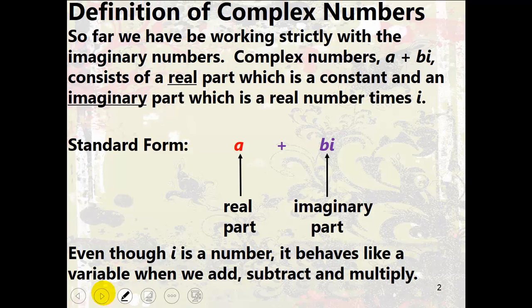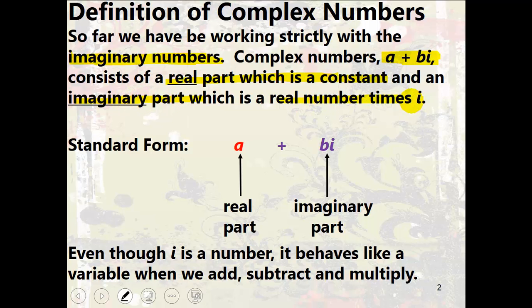So the definition of a complex number. In our lesson yesterday, we talked strictly about imaginary numbers, where i comes from. Today we're going to talk about a complex number that we call a plus bi, and it consists of a real part, which is a constant, and an imaginary part, which is a real number times i.